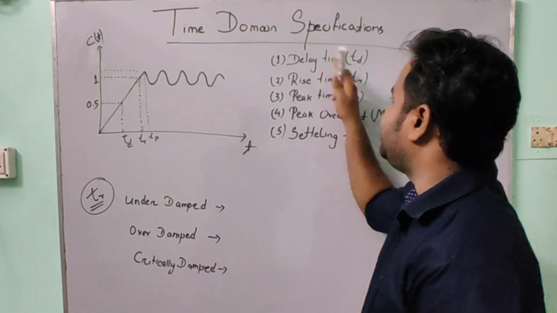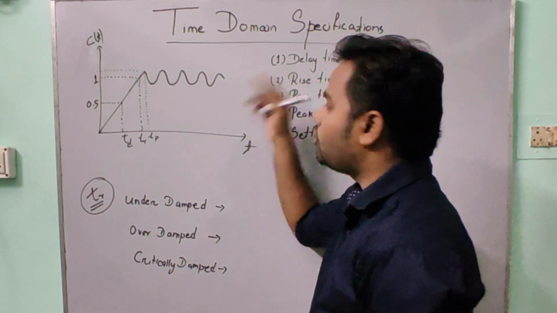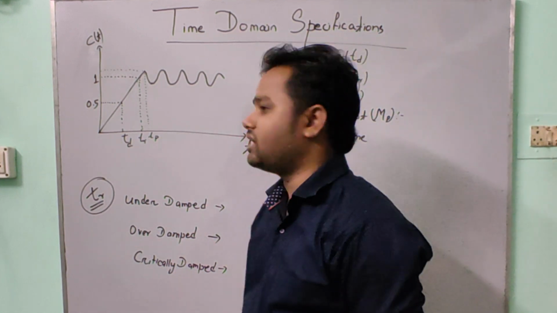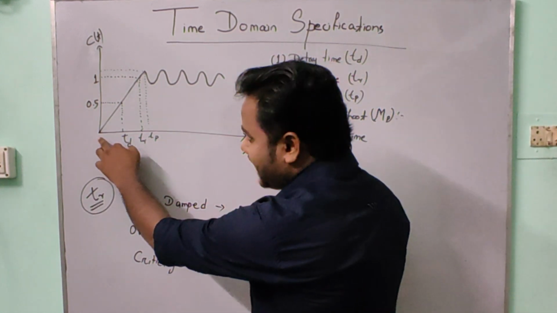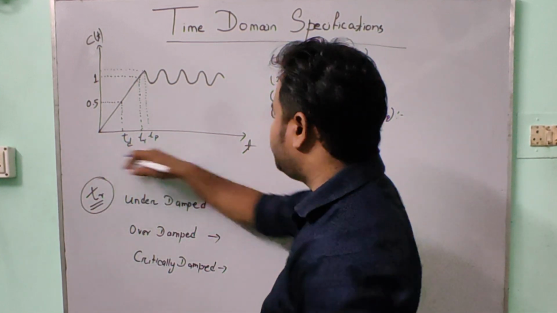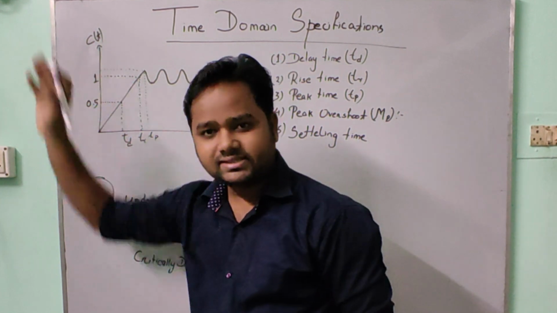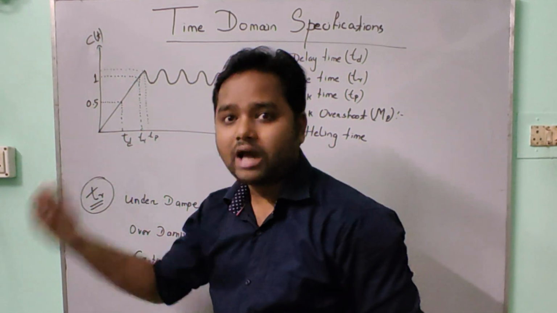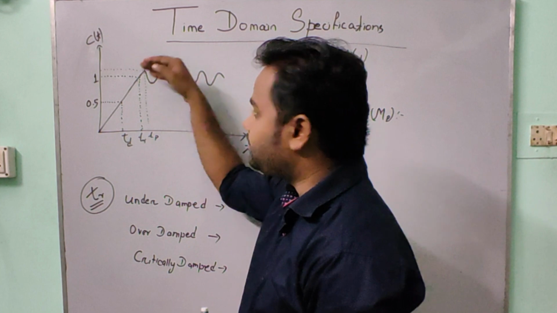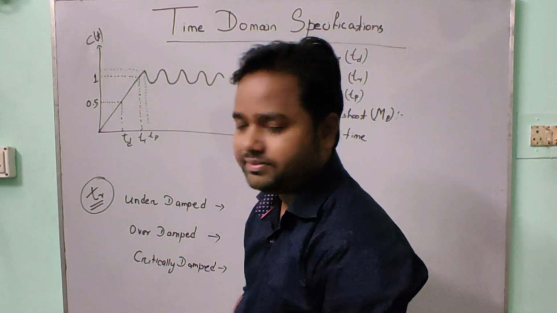First, what is delay time? Now we go to the graph. In the delay time graph, as the time increases from 0 to some value, the output also increases. The output increases from 0 to 100% and then stays at a steady state value.